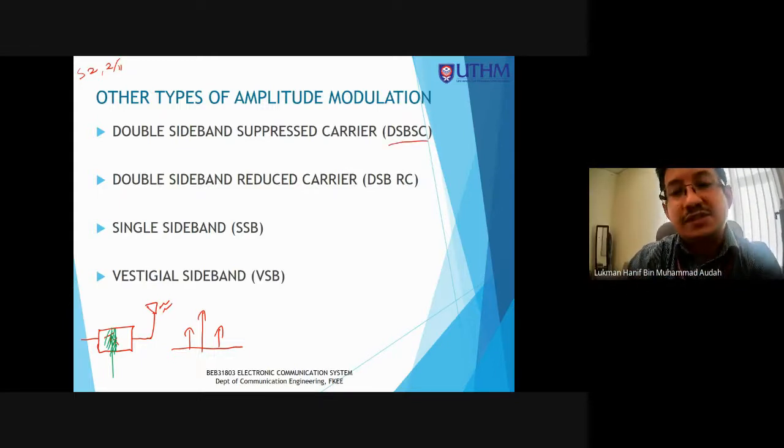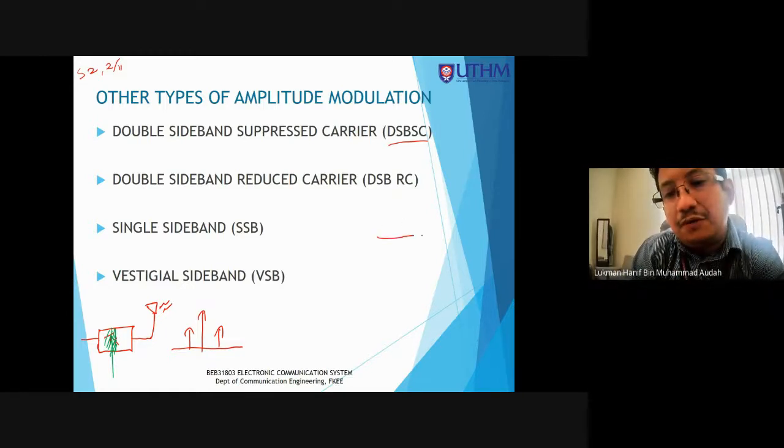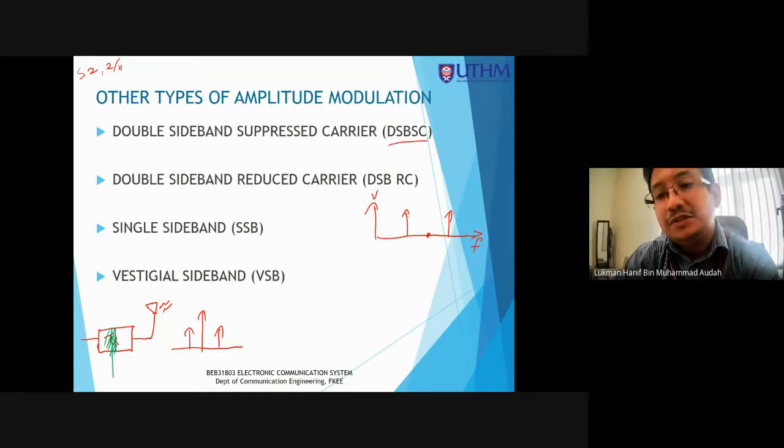So double sideband suppressed carrier, if you see from the perspective of the frequency spectrum, for example V versus F, we still have double sideband, and the carrier component has been suppressed. So in this case, there's no carrier component.